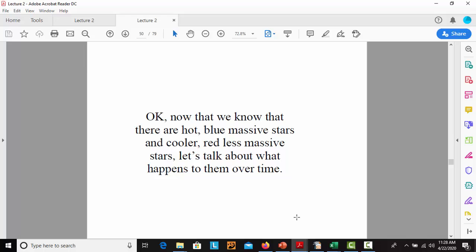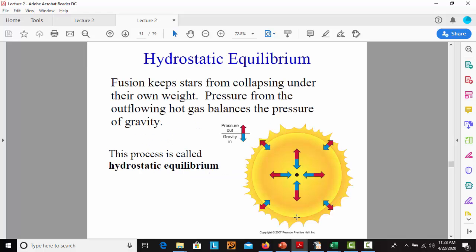Okay, so we know that there are hot blue massive stars and cooler red less massive stars, and let's talk about their lifetime. What happens over time? While a star is stable, there's something called hydrostatic equilibrium.